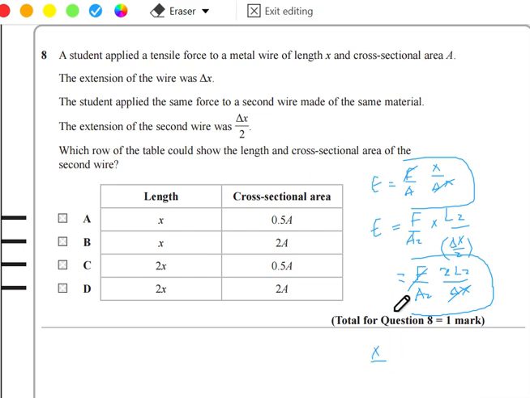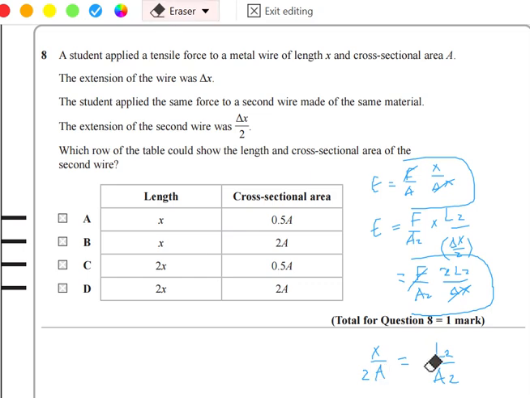Hence we have on the left x over A equals 2 over A2. So what we need here is an answer that has a ratio between the new length and the new cross section, this ratio to be x over 2A.